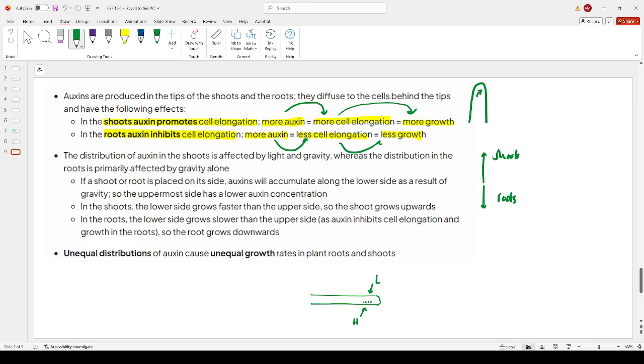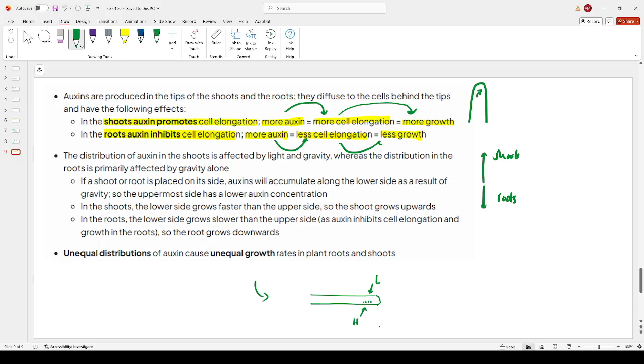In the shoots, the lower side grows faster than the upper side. So what have I drawn here? Here we have the auxins accumulating.